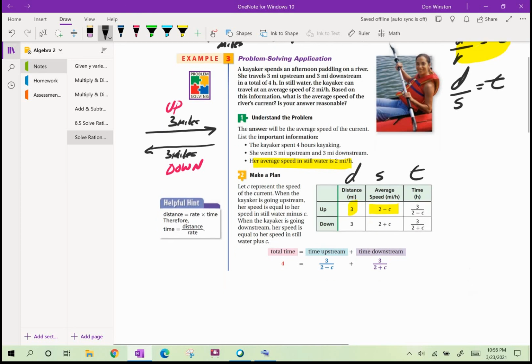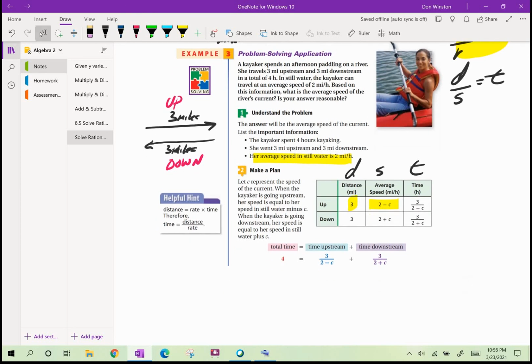And now traveling downstream, she's traveling not against the current, but with the current. She's going to travel much faster. She's still going to travel 3 miles downstream, but her rate should be faster than the average speed in still water.